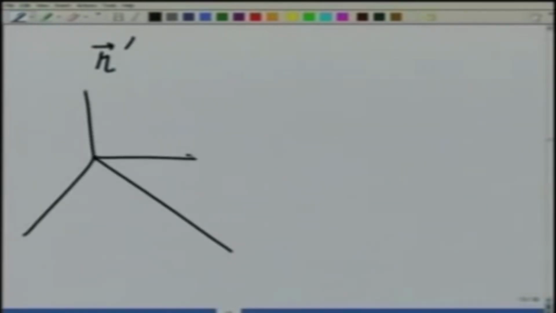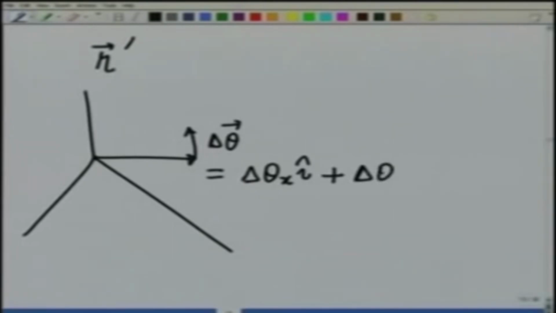So, what we get from this is that I can write the new vector r, which I obtain if I had a vector somewhere, let me generalize the result, and I rotated it by a small angle delta theta, which I will write as a vector, which could be delta theta x about the x axis, delta theta y about the y axis plus delta theta z about the z axis.